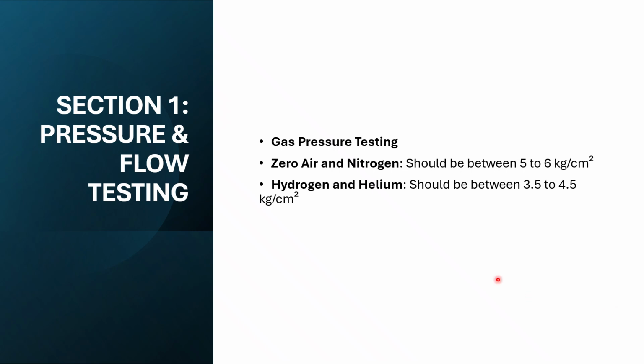Zero air and nitrogen should be between 5 to 6 kg per centimeter square, and hydrogen and helium should be between 3.5 to 4.5 kg per centimeter square. If your pressures fall outside these ranges, adjust using the gas regulators. This is a simple pass or fail test. Document your result.